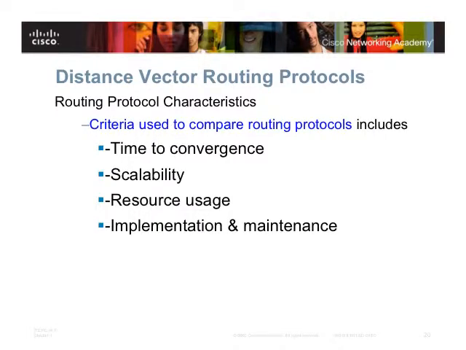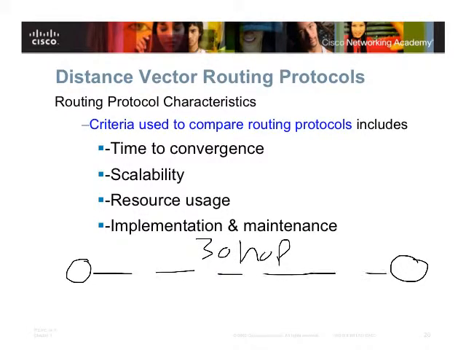But if the network is very, very large, with two routers with like 30 hops in between, in order for this router to get information about a network change on that router, it has to wait for 30 different updates.